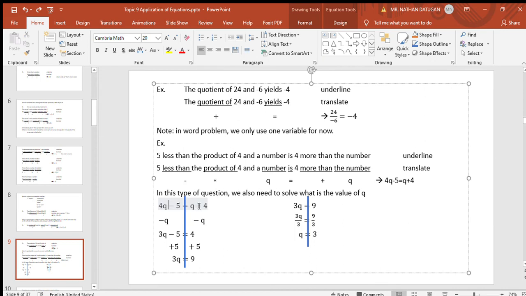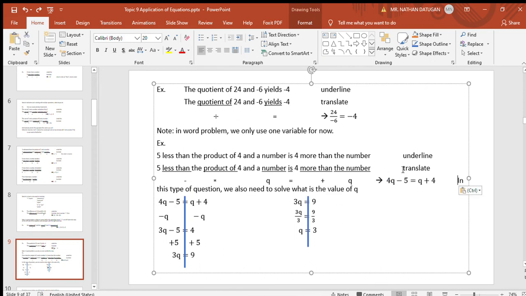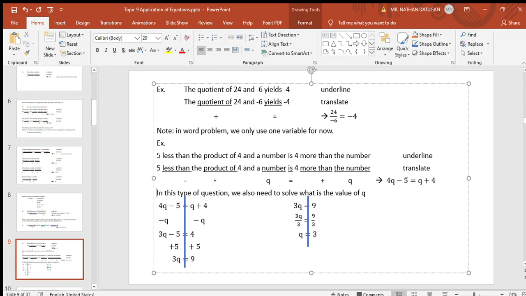Now we have an equation and we have a variable. Do you know what we can do? In this type of question, when we have a full sentence, instead of just translating it, we can figure out the value of q. And yes, the test will expect you to figure out the value of q when you translate a complete equation sentence.